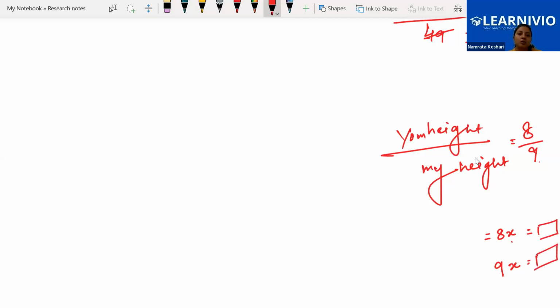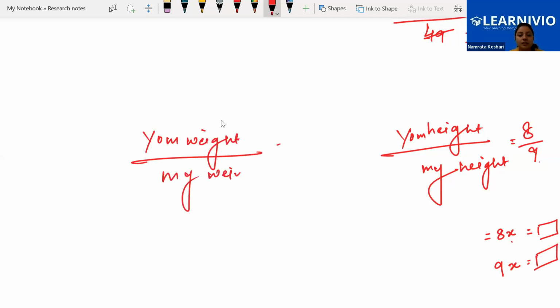Now suppose I am giving one more ratio, the ratio between your weight versus my weight is, let's say, 5:7.